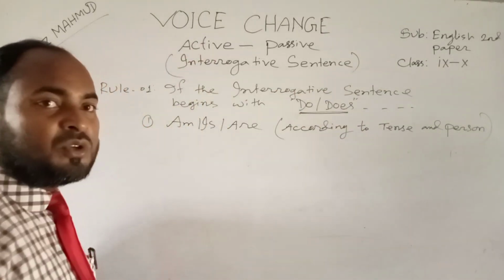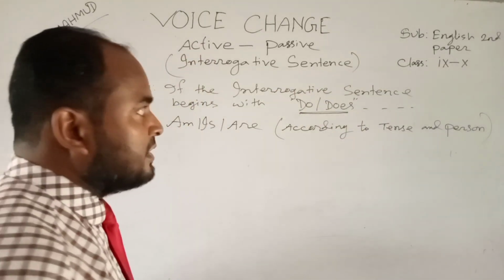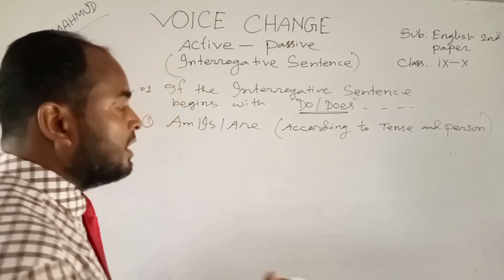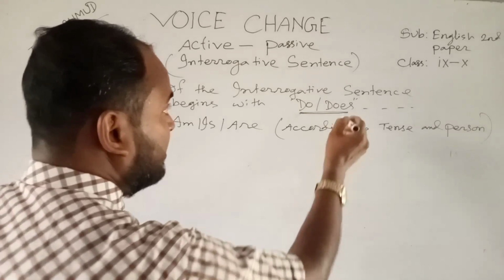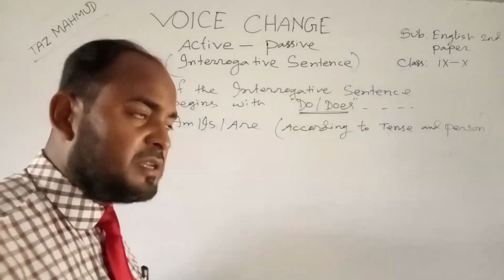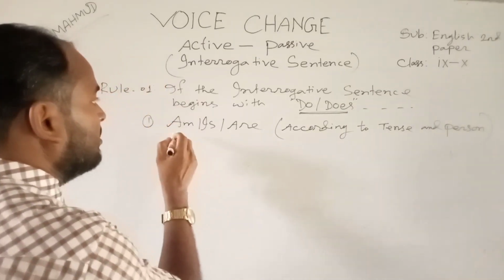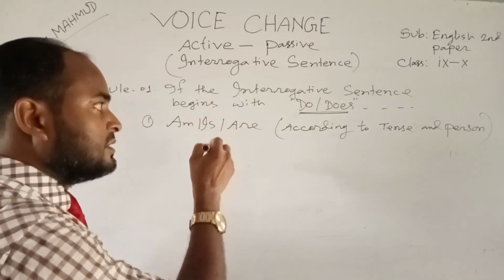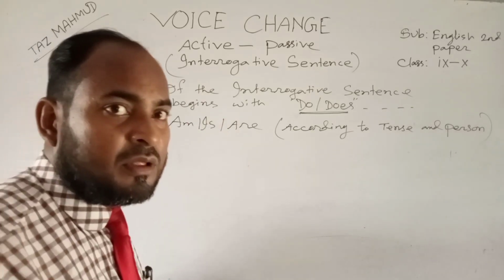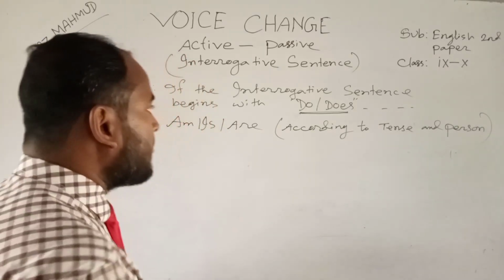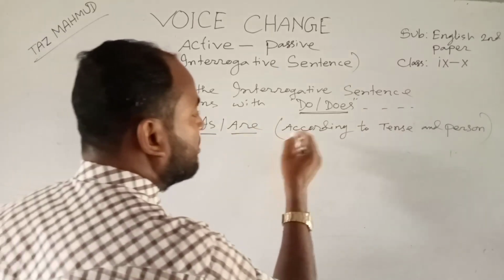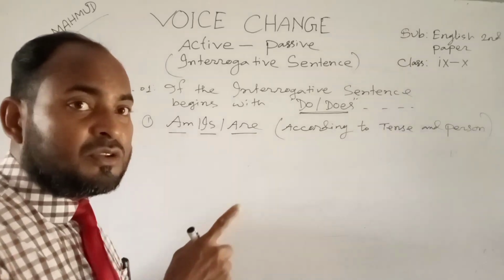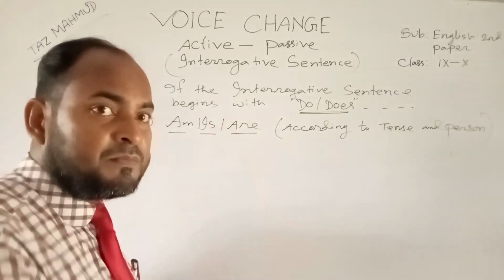If the sentence begins with do or does, then you have to have a clear idea that the sentence is present indefinite tense. For this reason, we have to use first the auxiliary verb am, is, are, according to the person of the passive sentence.